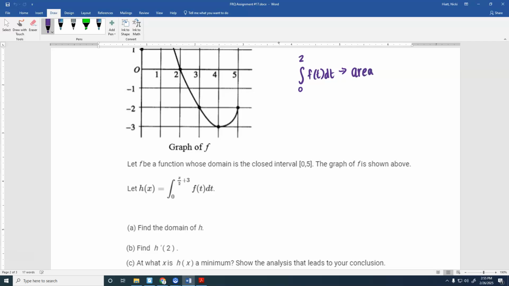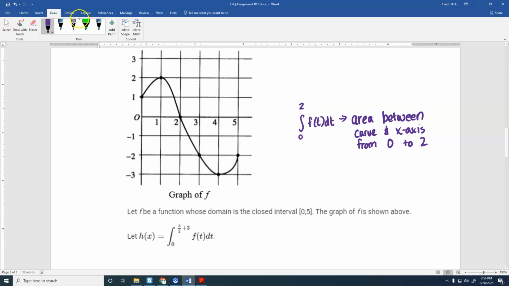So that is the area between the curve and the x-axis from 0 to 2, right? If I'm integrating from 0 to 2, this right here is talking about this area underneath the curve.